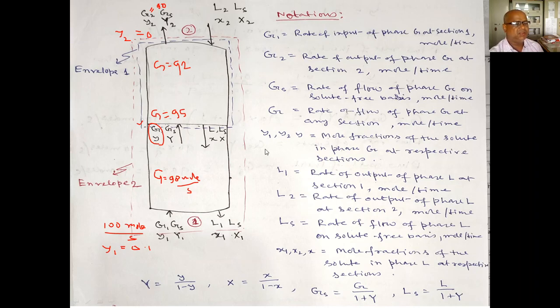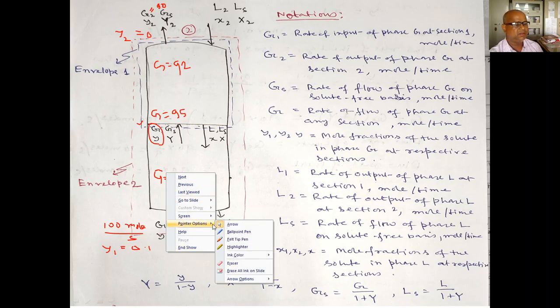Now what is GS? GS is rate of flow of G phase on solute free basis. Solute free basis means inert. If you take this is 100 moles per second, y1 ammonia is 10 moles, then remaining 90 moles, that will be your GS, because it will not change.